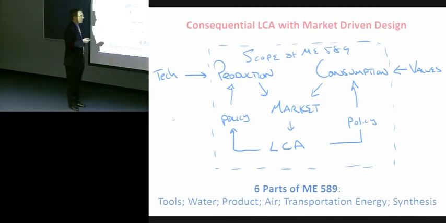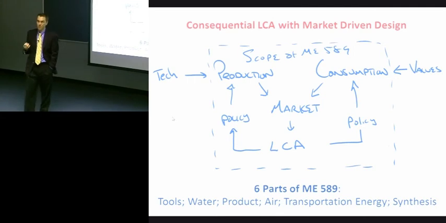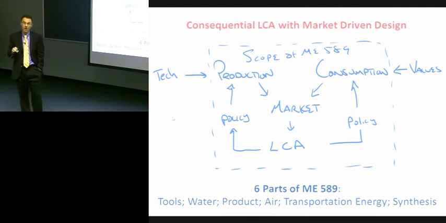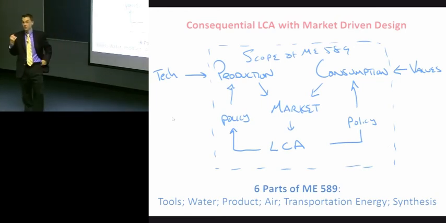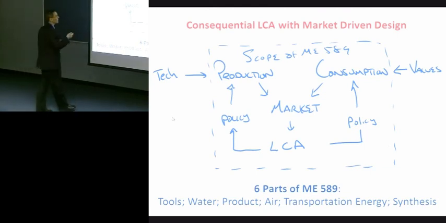And we're thinking about LCA not just as an outcome of market decisions, but as an input to policy. And this could be industrial policy, this could be technology policy at a government level, to inform maybe the things we could do to encourage the market to move in the direction, using the market as a tool. So that's the system we're studying.